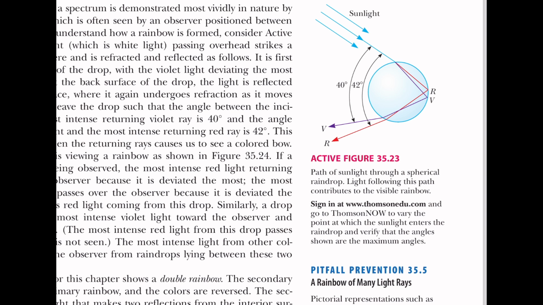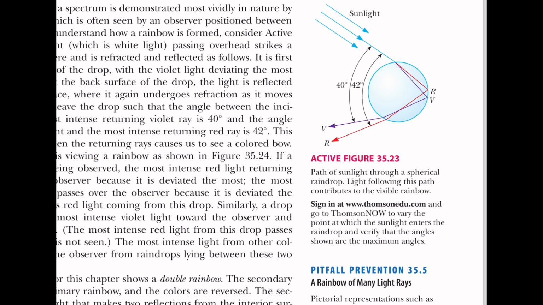So we have actually a diagram of a water droplet here with sunlight entering and refracting inside the water droplet because the water has a different index of refraction than the outside air. So there is an angle here of refraction. And you can see the red and violet colors refract differently.